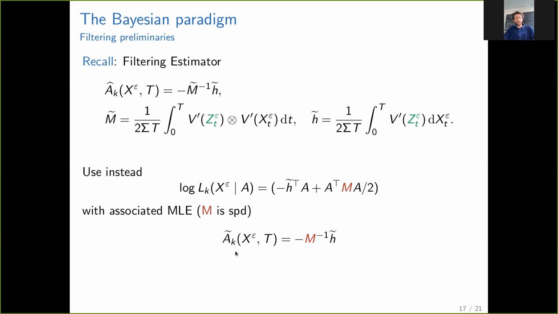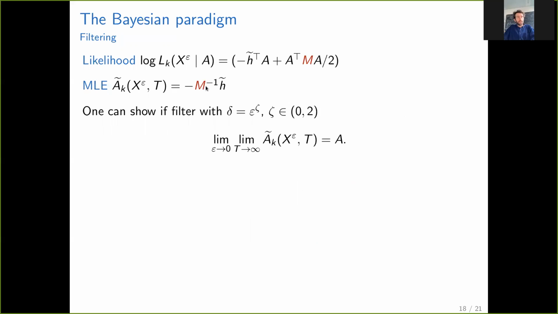And we called this value A tilde of K, so A tilde filtering, let's say, of the data at final time. So we have another maximum likelihood estimator, which is given by this quantity.